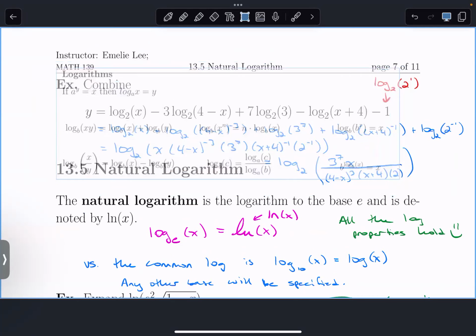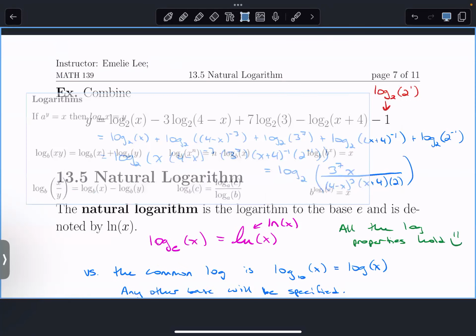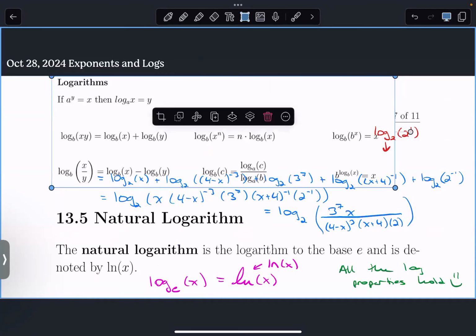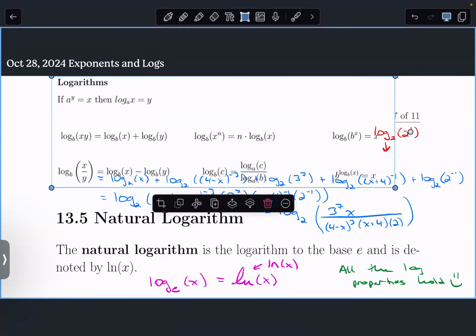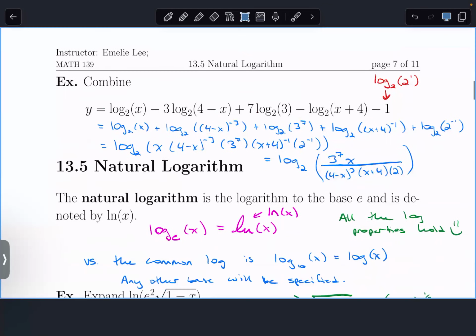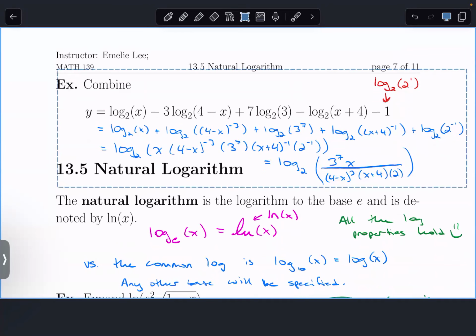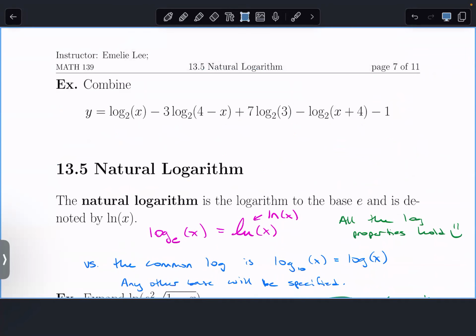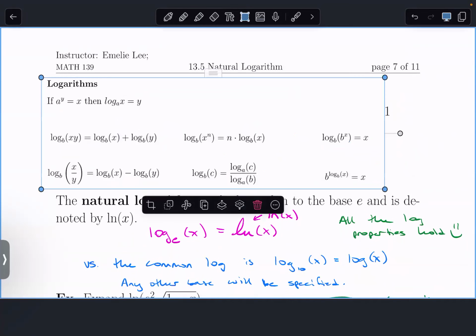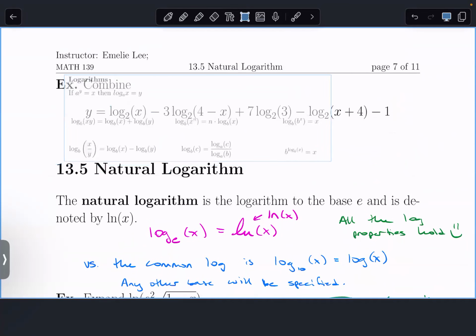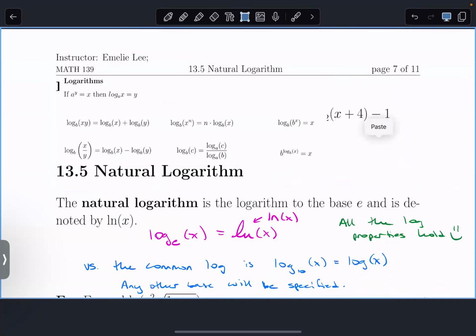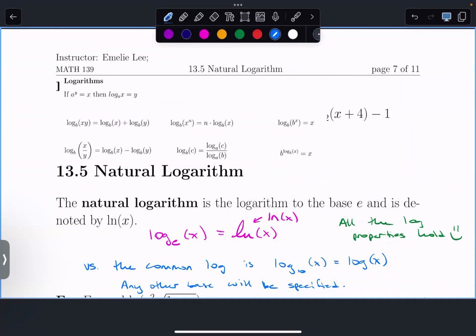I don't want. Just gonna remove this. Because these are the log laws.